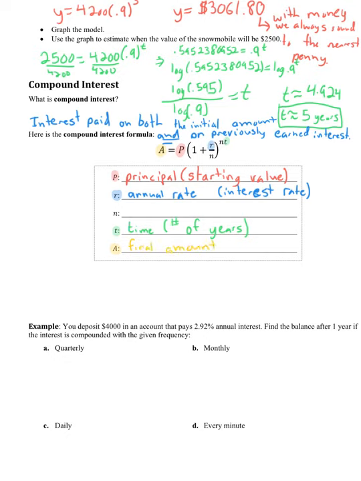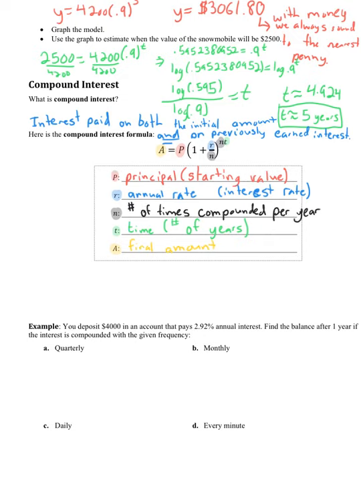And the only new thing we have here that wasn't in the previous equations is now this N that shows up at two separate spots. And N is the number of times your interest is compounded per year.